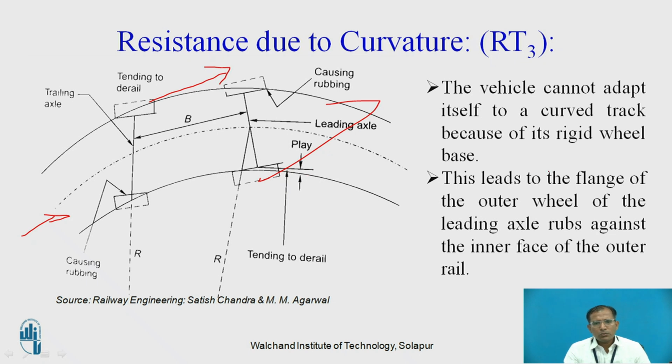In this condition, due to the rigidity, it still wants to go in the tangential direction of the curve. Because of this, there is rubbing of the flange of the outer wheel of the leading axle against the inner face of the outer rail. There is some rubbing force between the leading axle, and even in the rear axle there is rubbing. Due to this, extra energy is required to negotiate this particular curvature.